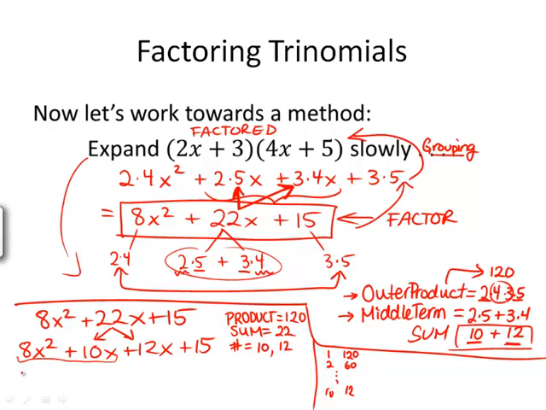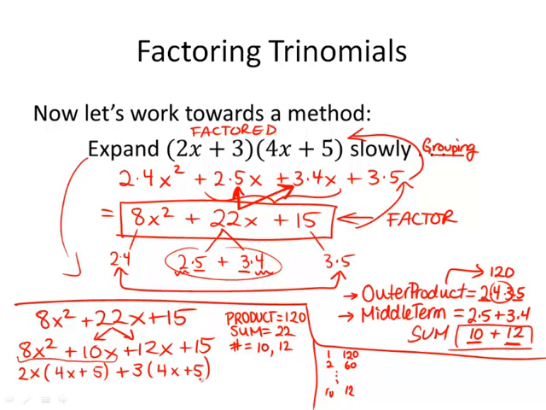What's the greatest common factor of 8x squared and 10x? Well, 2x. That leaves us with 4x plus 5. And what's the greatest common factor of 12x and 15? 3. Factor out of 3, you're left with 4x plus 5.